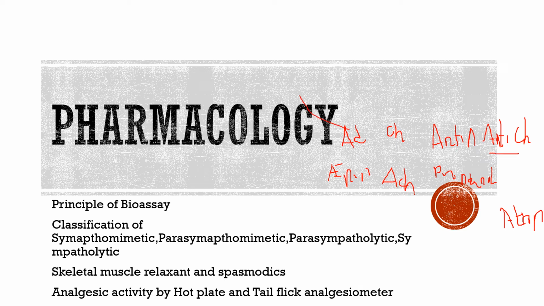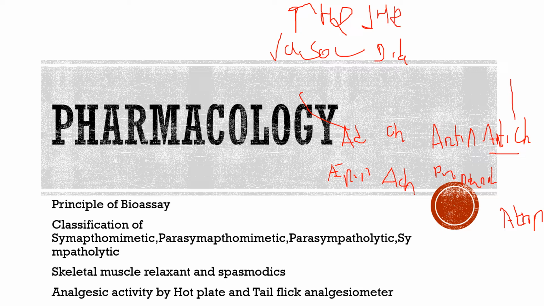So, adrenergic drugs cause vasoconstriction. So they increase the heart rate. Cholinergic drugs have the opposite action. Vasodilation, decrease the heart rate. Anticholinergic drugs will oppose the action of cholinergic. That means it will cause vasoconstriction.